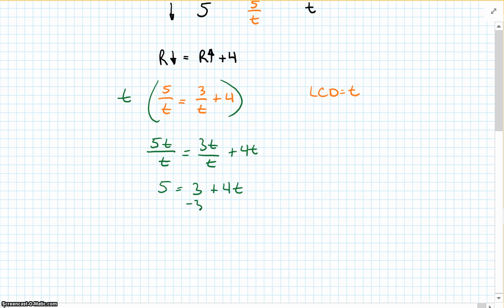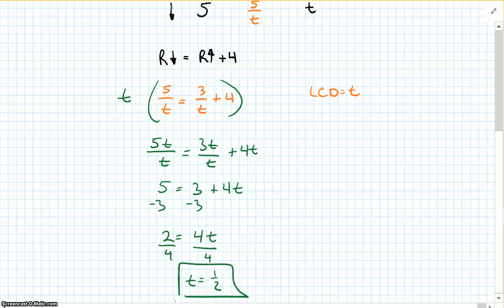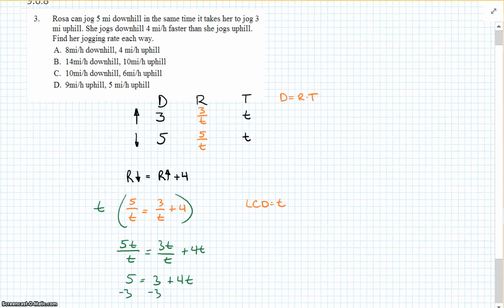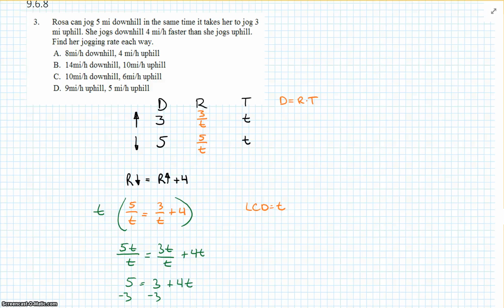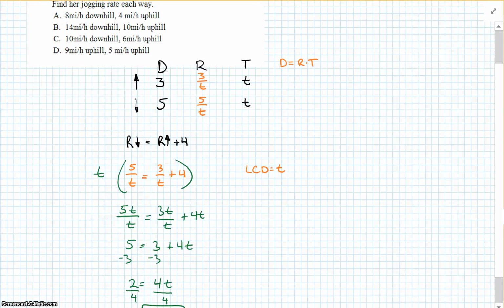Subtract 3 from each side. 2 equals 4t. Divide each side by 4. t equals 1/2. So our time is a half an hour. But what was the question? Find her rate each way.